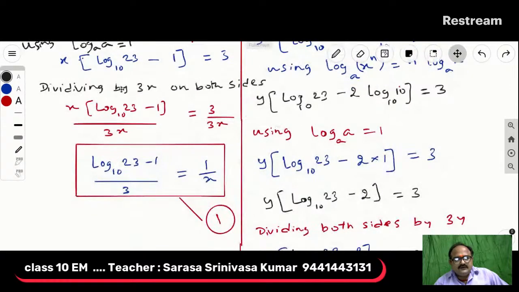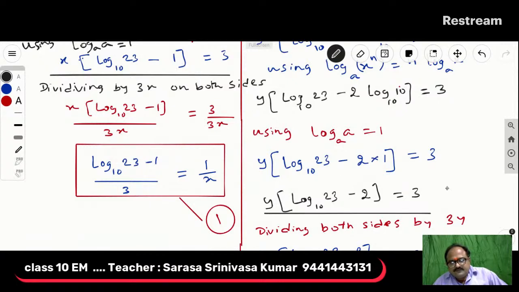Now, let us see this here. On the left hand side, we have this step, and on the right hand side, we have this step. You observe these two steps.